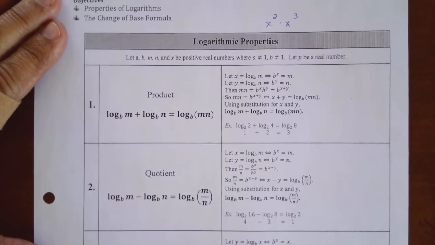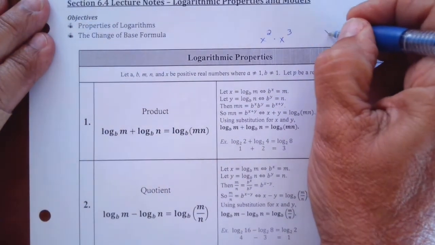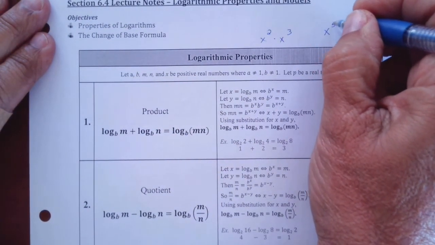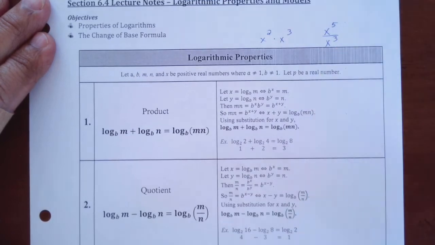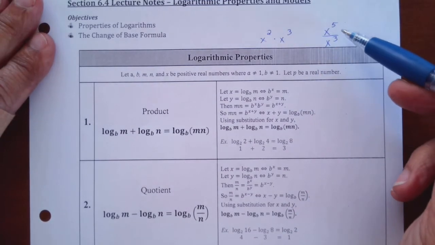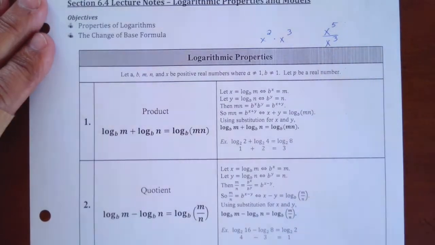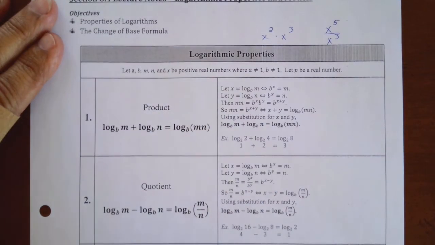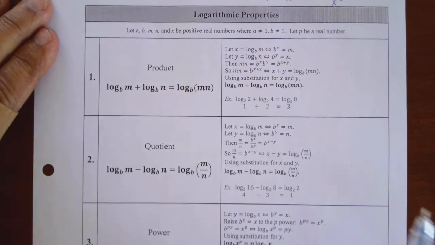The same thing is true for division, okay? Remember, when the problem was division, you ended up subtracting the exponents. So this is what the quotient rule says: if you're subtracting exponents, then the problem had to start off as a division problem. So that's how you're going to condense it. Look at the example again.